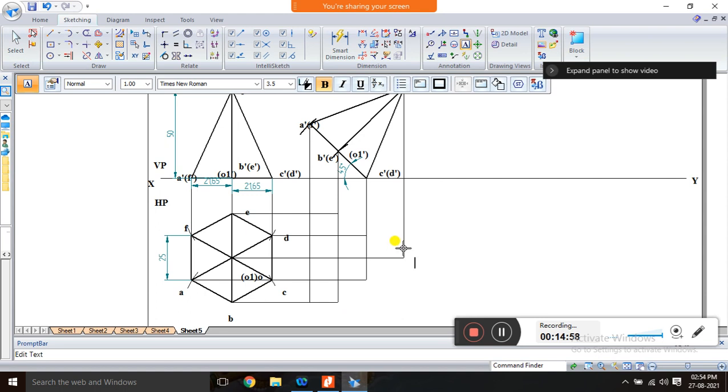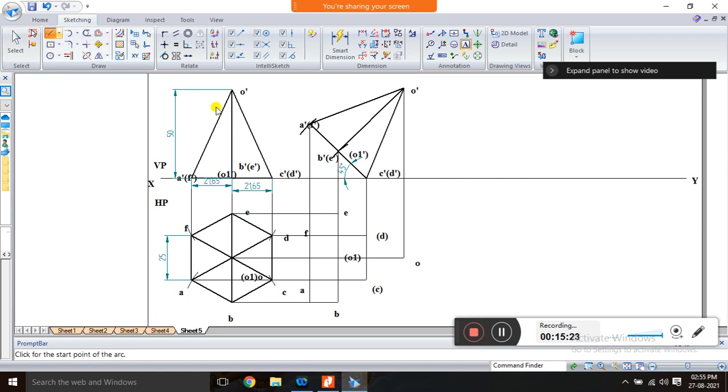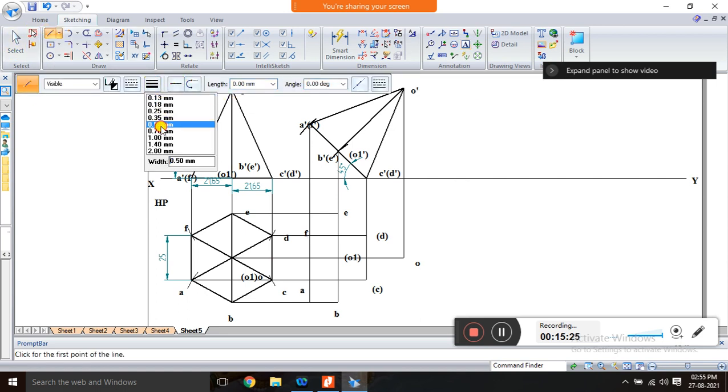This is O, and this is in bracket O1 because it is not visible, and A is visible and B is visible, but C is not visible and D is also not visible, and E, and this one is F. Like this you have to mark, and with the help of line, first draw this hidden line.